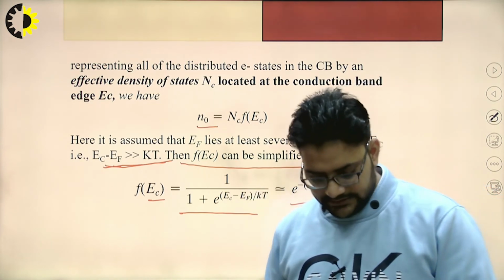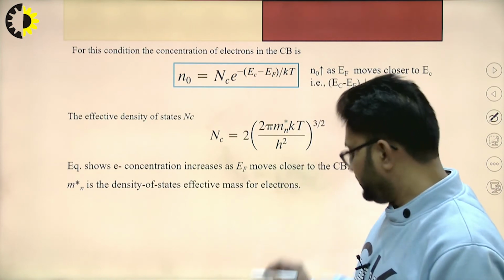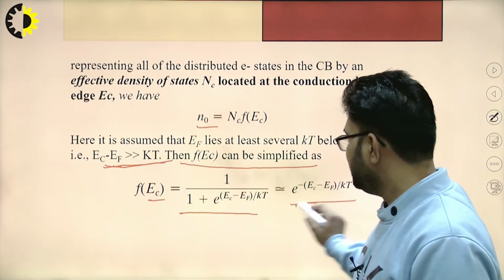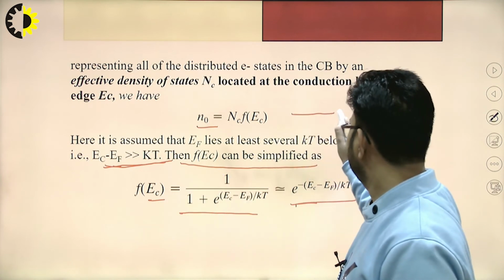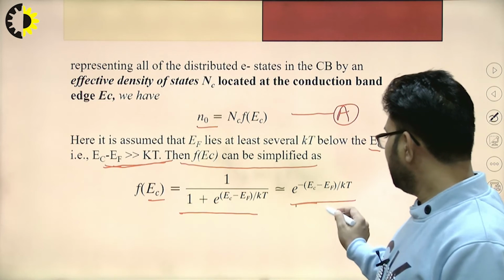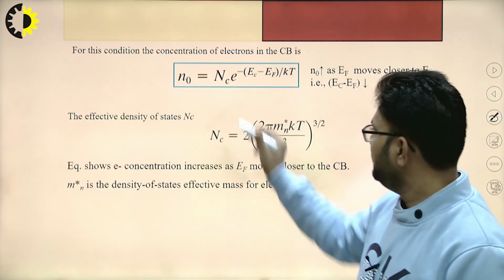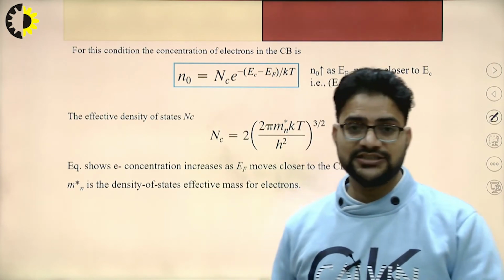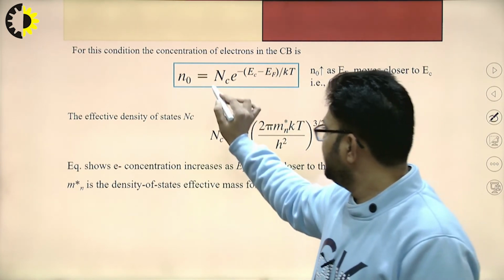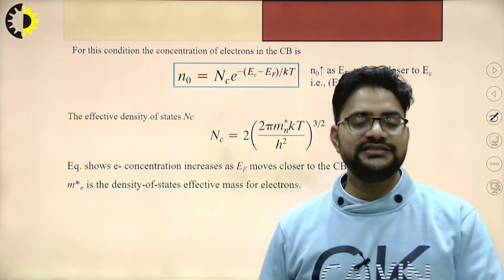Right? Now next, if I say this equation of F(EC) is equation A and put it in here, then I will get N naught, that is the electron concentration, equal to Nc e raised to power minus (EC minus EF) divided by kT.